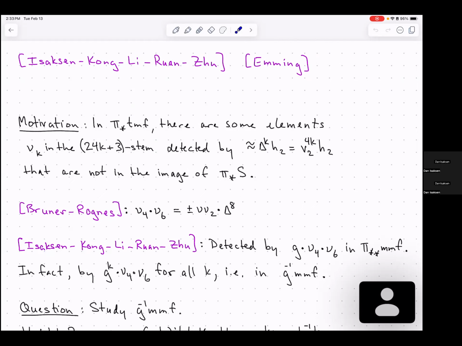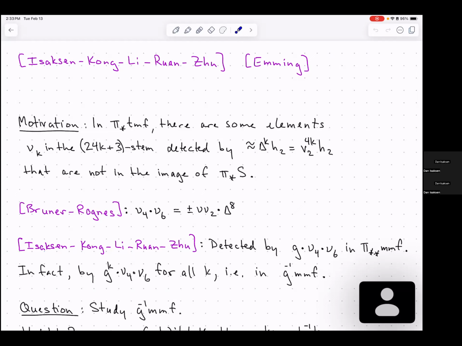And so then, together with my co-authors, I studied this question, and what we noticed was that you can work this out by looking not directly at nu 4 times nu 6, but you can multiply by g, or kappa bar if you prefer Greek letters.